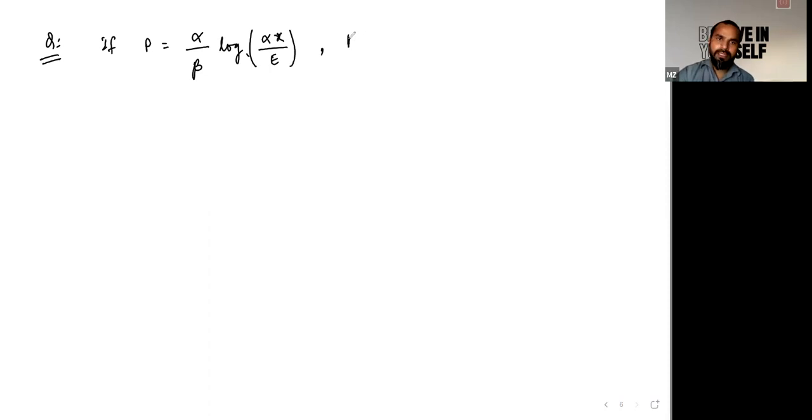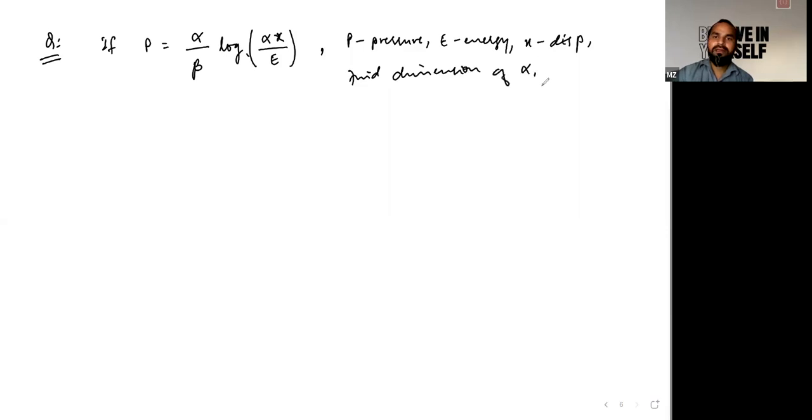In this part, P is pressure, E is energy and X is displacement. Just try to find the dimension of alpha and beta.